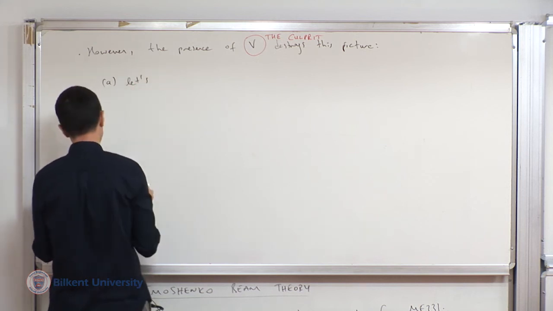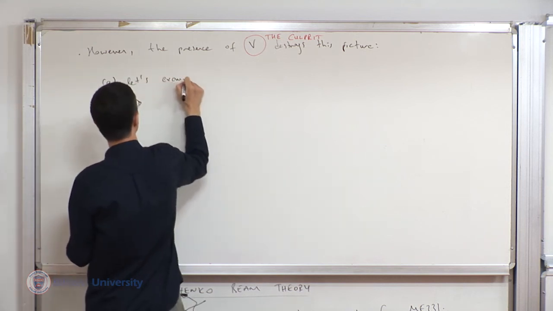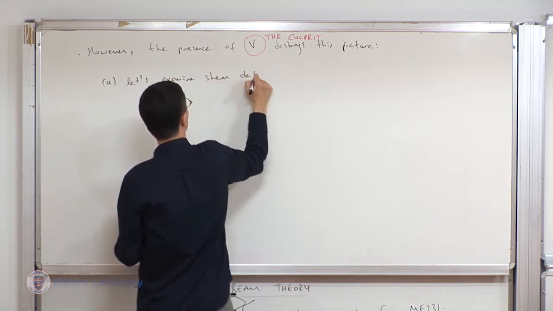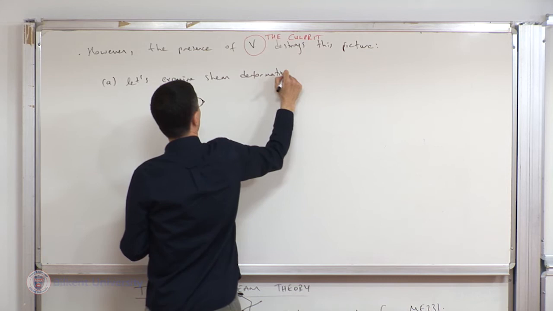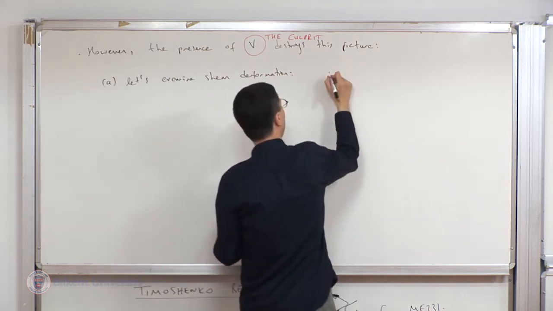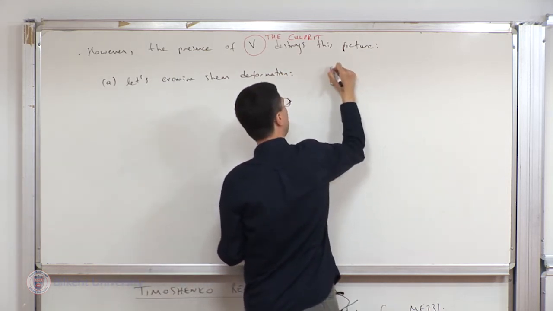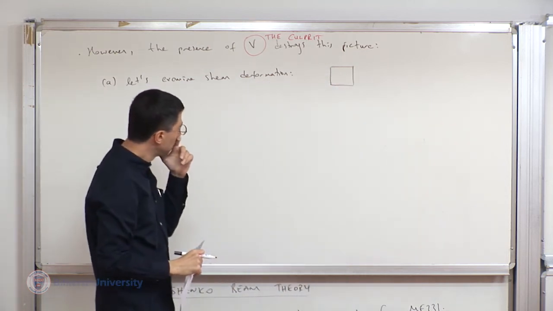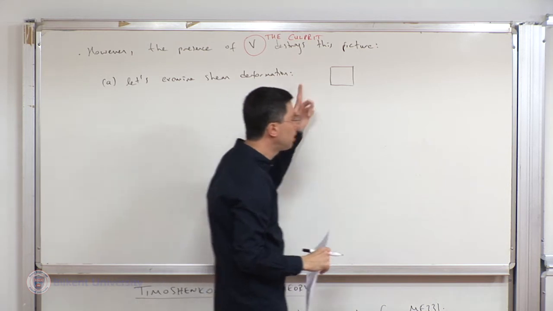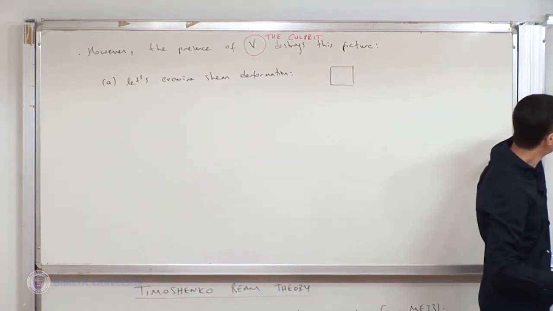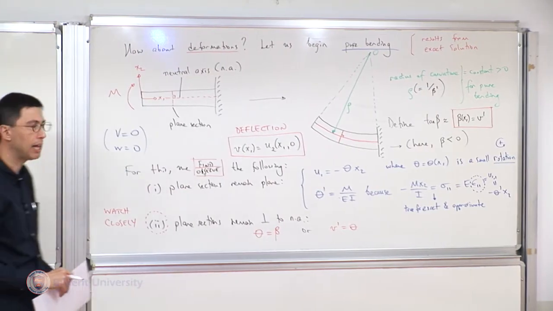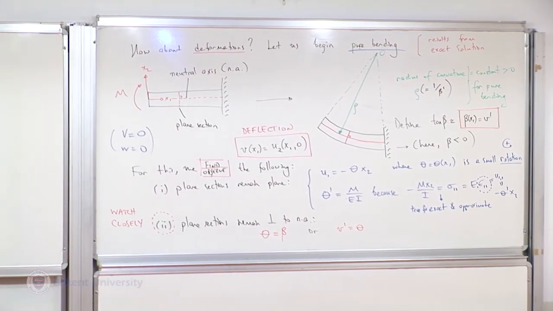The first one is, let's look at a very simple shear deformation. That very simple shear deformation is I take a square. If you like, you can think of this as being in the presence of some vertical loading, an infinitesimal element somewhere on this beam.